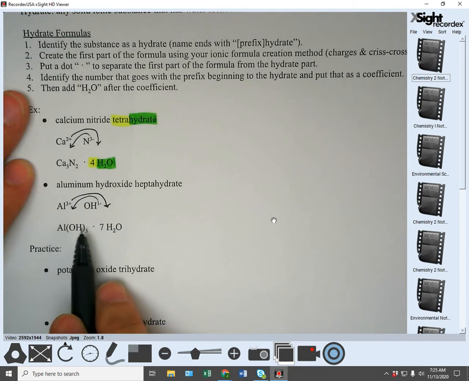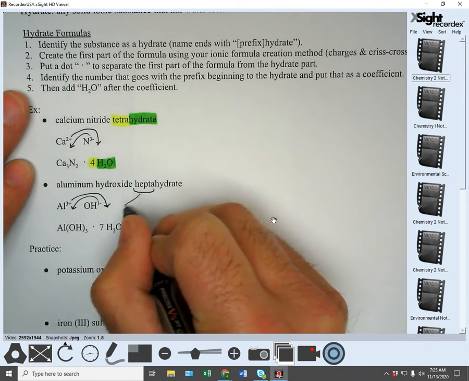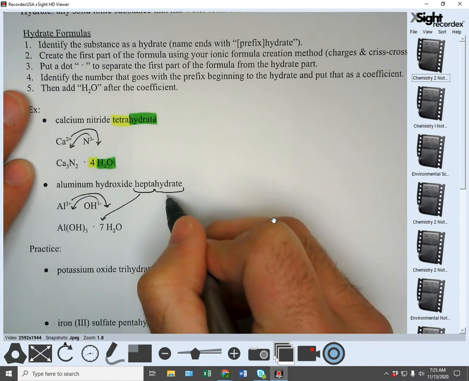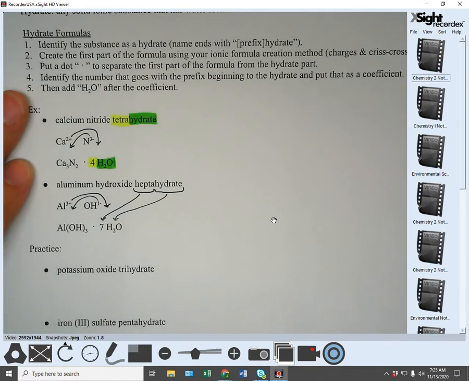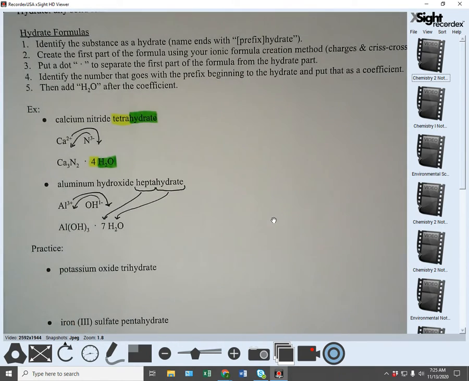So we need to put parentheses around the hydroxide. The 3 goes on the outside. So we get this. Hepta gives us 7. Hydrate gives us the H2O. So it's Al parenthesis OH parenthesis 3 dot 7 H2O.